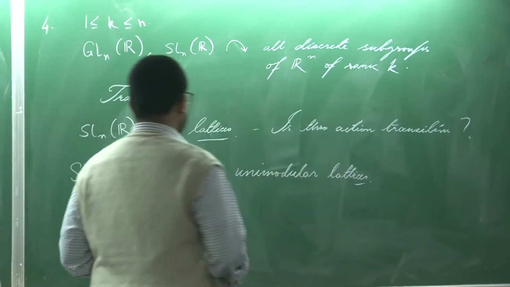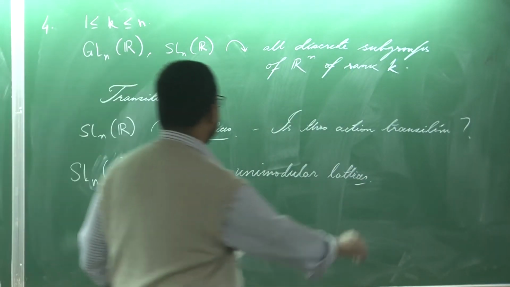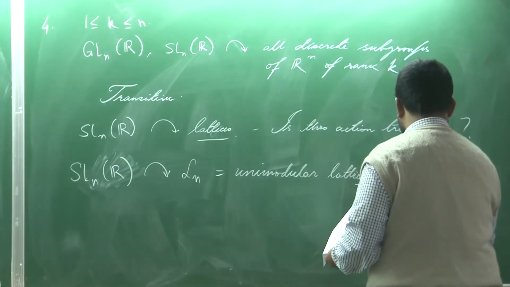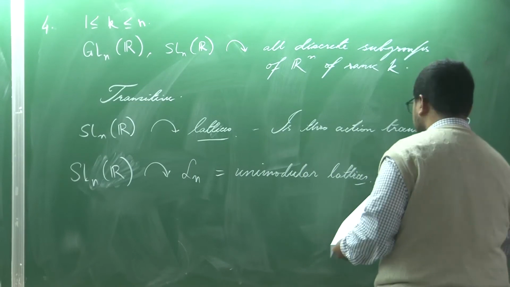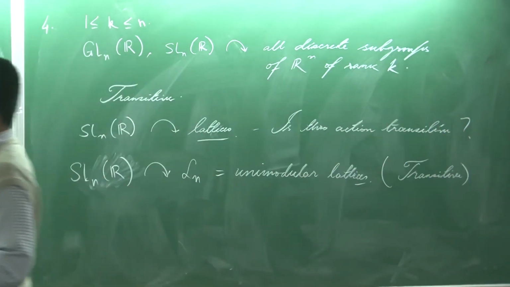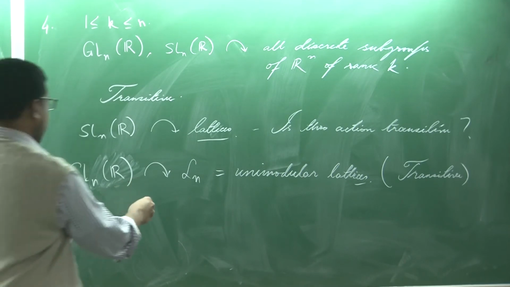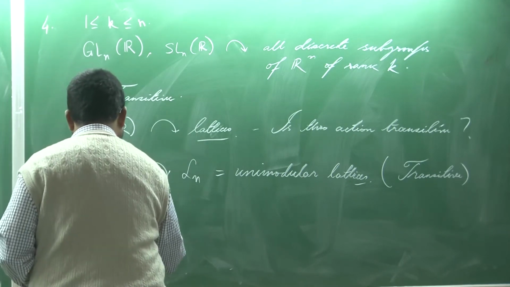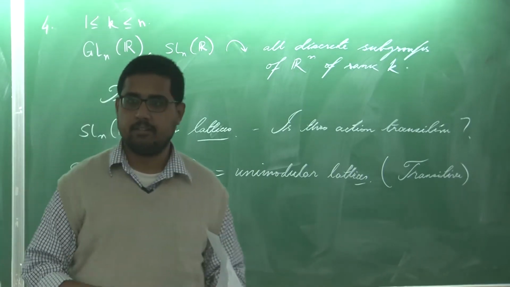So SLnR acts on the collection of all unimodular lattices, and now this is transitive. And once it is transitive, it is interesting to know the stabilizer. Zn, the standard lattice, is of course in Ln, a unimodular lattice. What is the stabilizer of Zn?